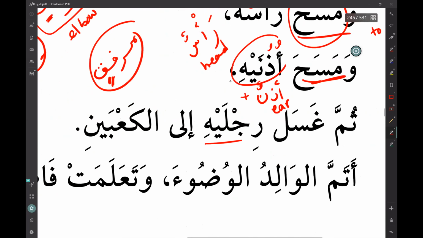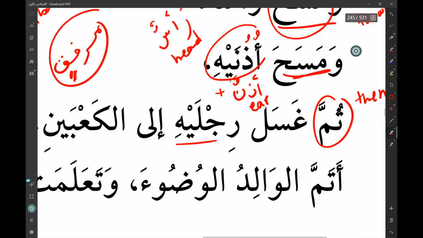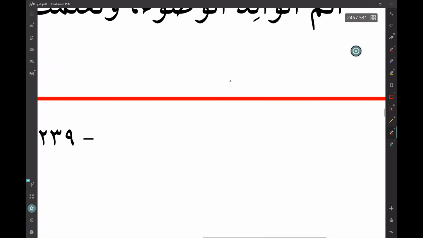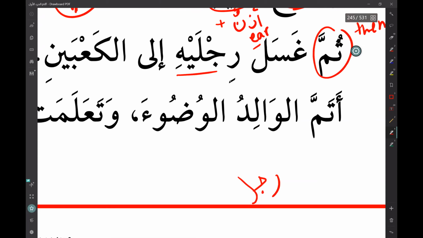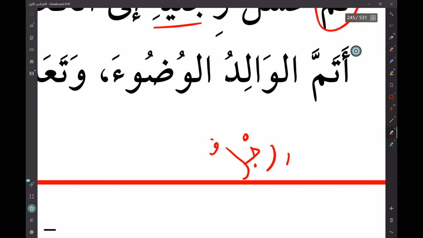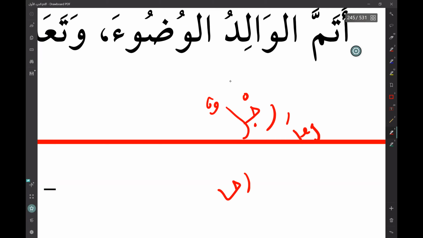Okay, here, thumma is then. Then what? Ghasala, then he washed. Rijlaihi, same thing. What is rijl? These words, guys, all of these words, also in the Quran, you have to memorize. Rijlun is leg. So two legs is rijlani.